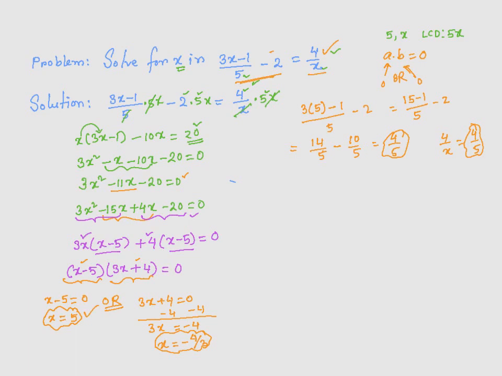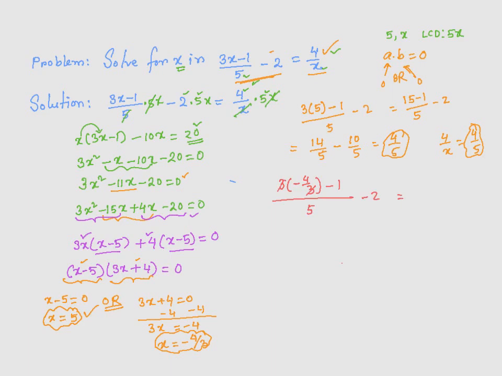Now I have to deal with a little bit of fractions. So the left hand side is, let's use a different color, 3 times x. So 3 times negative 4/3 minus 1 divided by 5 minus 2. That's the left hand side. Now these 3 and 3 are going to cancel out.